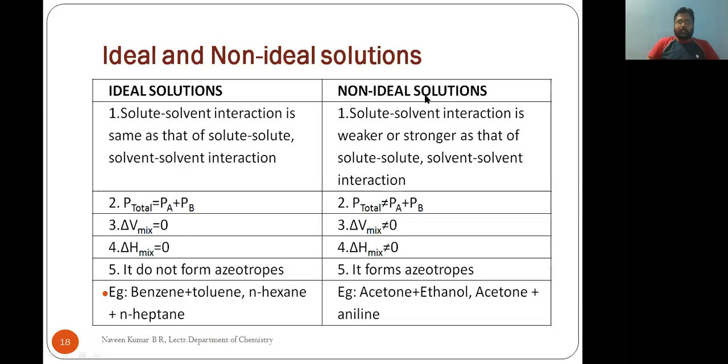Whereas in the case of a non-ideal solution, the newly formed solute-solvent interaction is not the same as solute-solute or solvent-solvent interaction. It may be weaker or stronger, and that will classify them as positive and negative deviation showing solutions. Hence, solute-solvent interactions may be weaker or stronger when compared with solute-solute or solvent-solvent interactions.